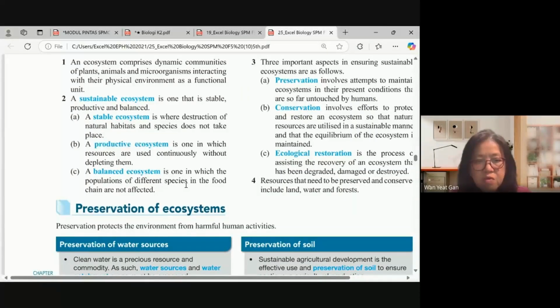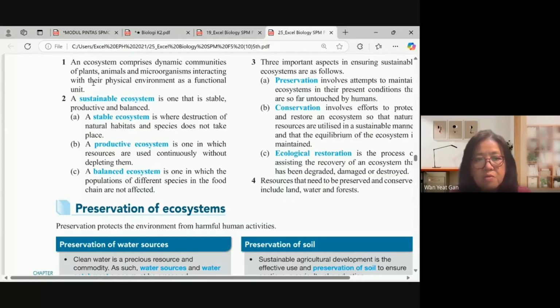That means you don't destroy any resources in the ecosystem so that it can still be used continuously. And the ecosystem is a balanced ecosystem in which the population of different species in the food chain are not affected.